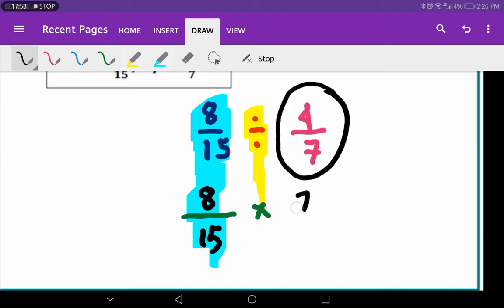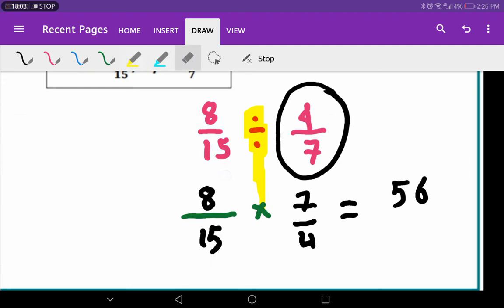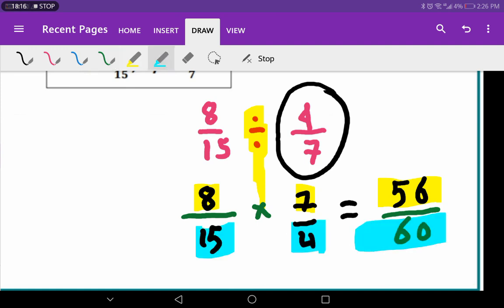It will be 7 over 4, and you get the same answer. 56, up with up, down with down. Yes, and simplify it, you will get the same answer.